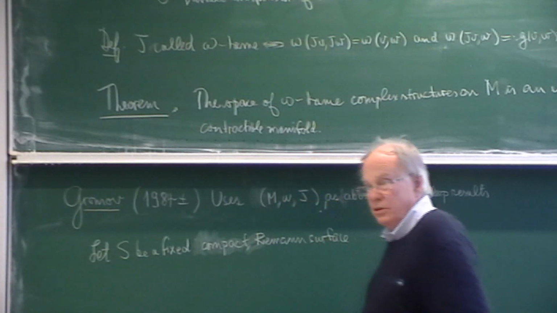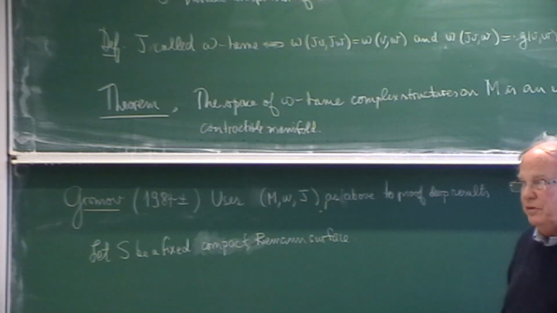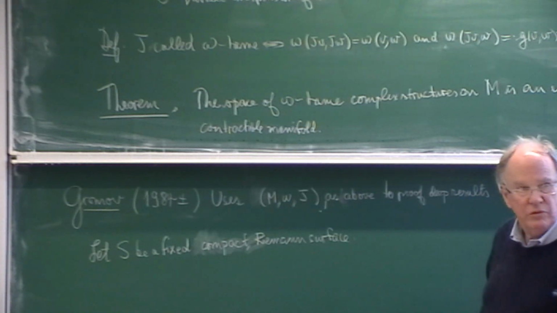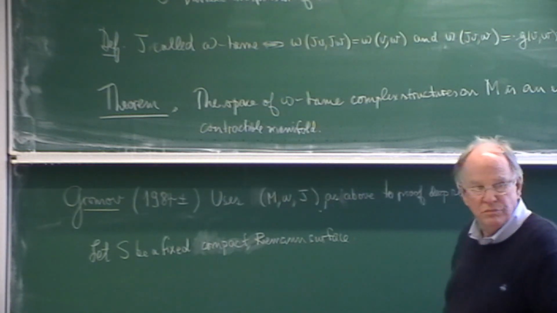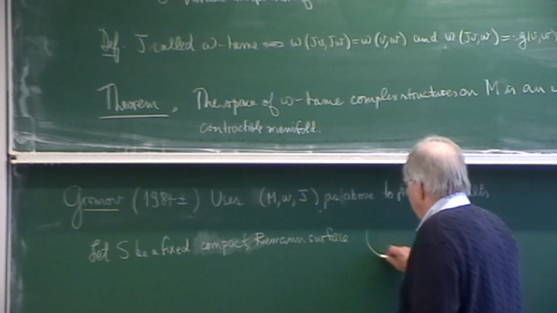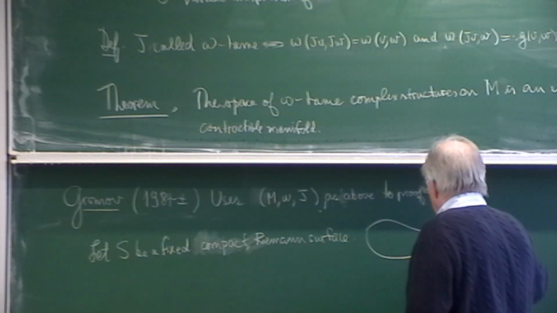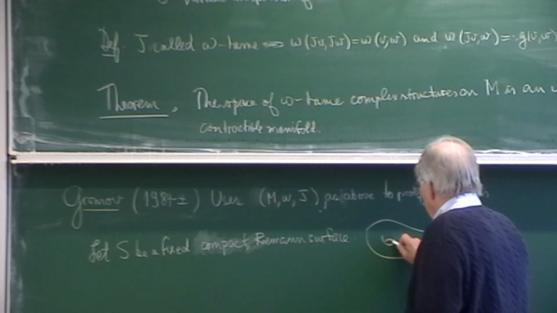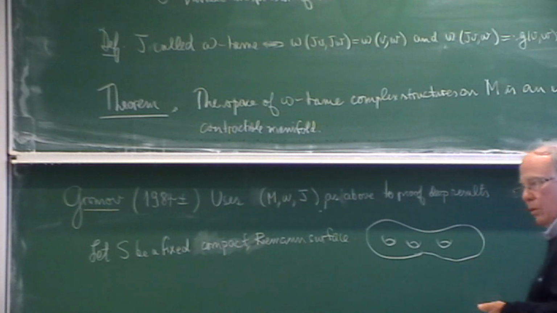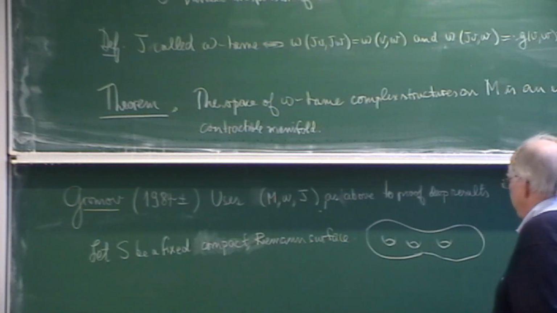What is a compact Riemann surface? I think most of you have experienced me in lectures. So it is a one-dimensional complex manifold, right?